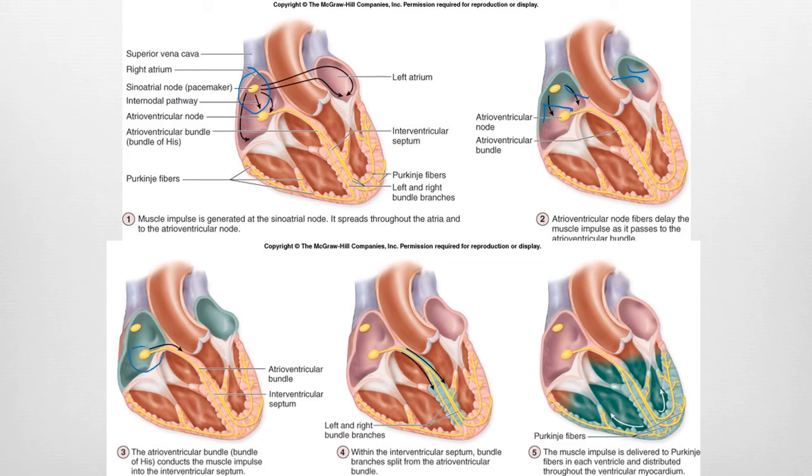That stimulates the AV node. The AV node then sends the signal down through the bundle branches, so our bundle of His, and then it gets down to the bottom and it comes back up through the Purkinje fibers, and then we get ventricular contraction.